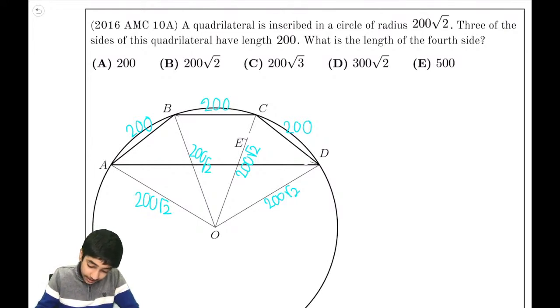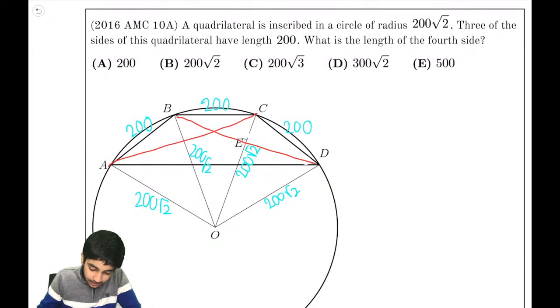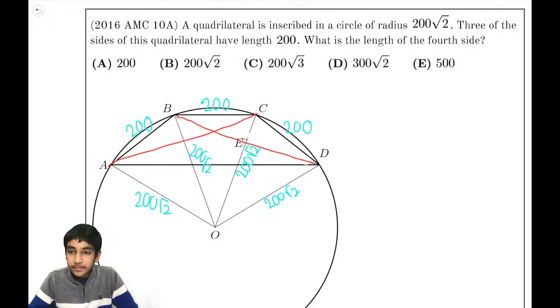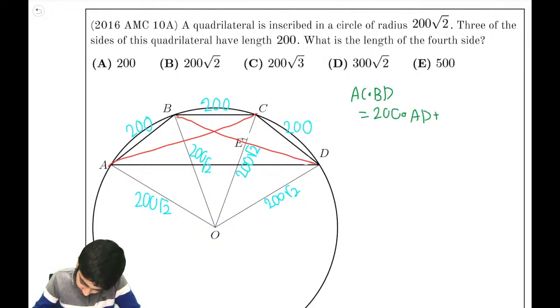So instead, when you have a quadrilateral inscribed in a circle, you can use Ptolemy's theorem. By Ptolemy's theorem, the product of these red diagonals is equal to the product of 200 and AD plus the product of AB and CD. So basically what this says is that AC times BD is equal to 200 times AD plus 200 squared.